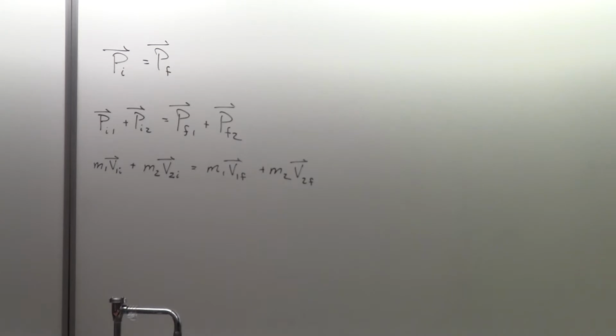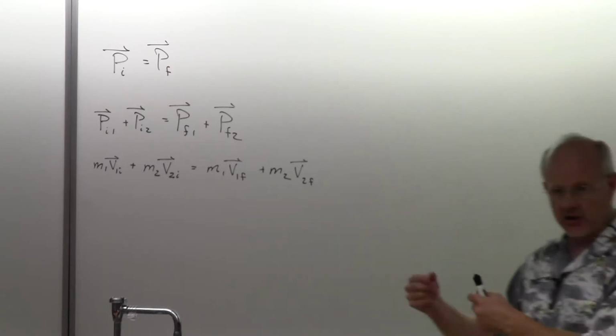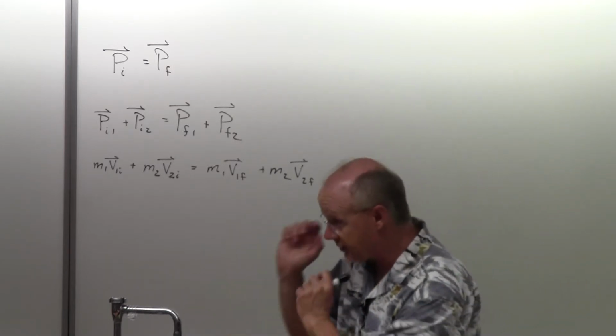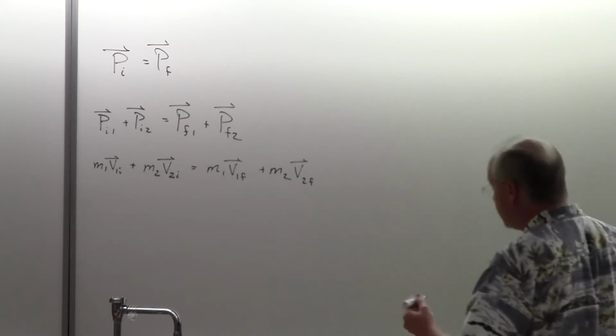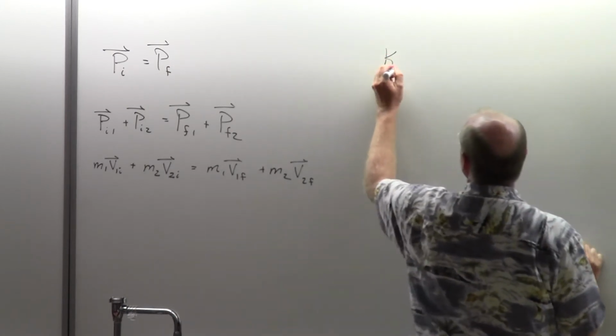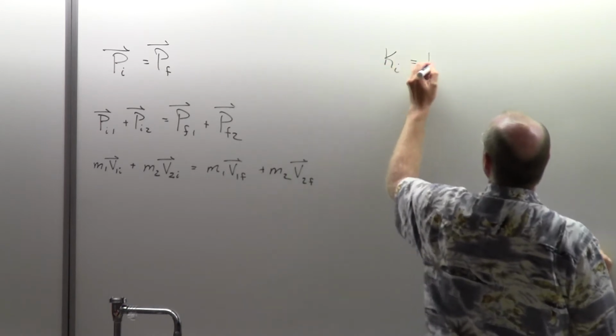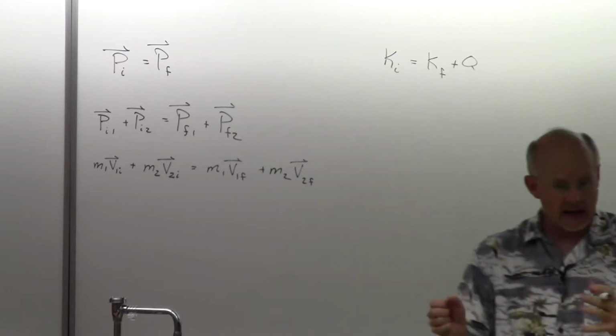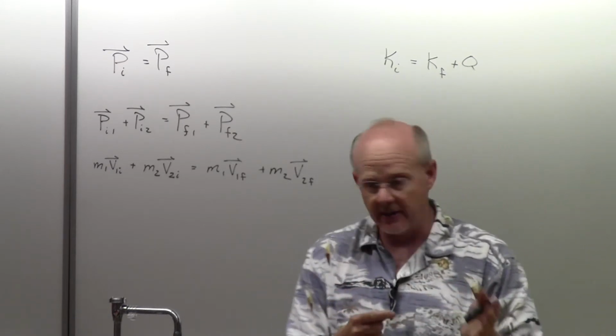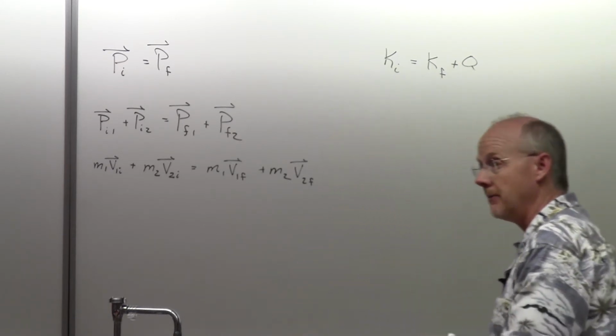Now, if we also add to this, and this is what I was trying to emphasize at the end of the lecture on Monday, not only is there conservation of momentum, that is, if we don't have external forces, which we would in this case, but we also have conservation of energy. So that means the initial kinetic energy must equal the final kinetic energy plus maybe any heat that is created during the contact as number 1 collides into number 2.